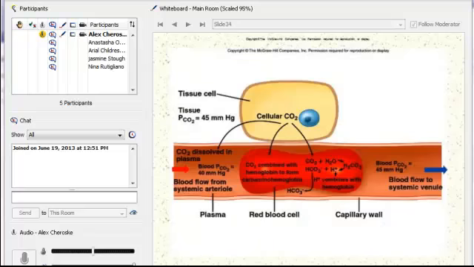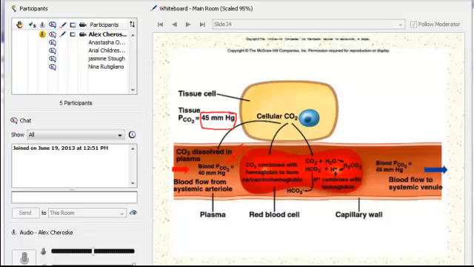Okay, so this figure that we see here shows the same thing, but we're looking at carbon dioxide. So we said that we've got the bicarbonate, right, HCO3, that's going to be in here. And when we get to the tissue it's going to have a relatively high concentration of carbon dioxide.